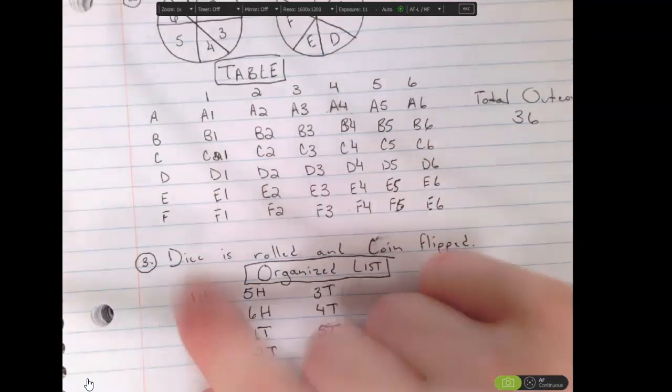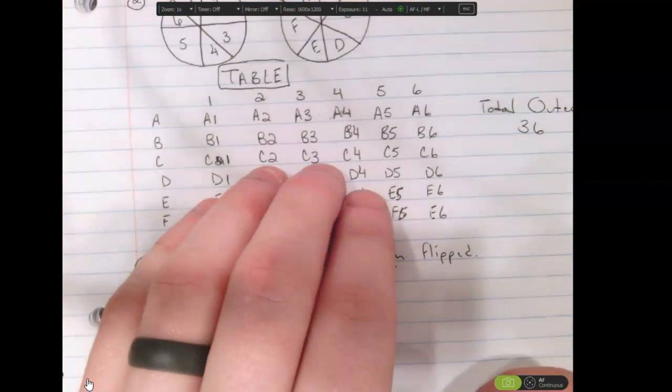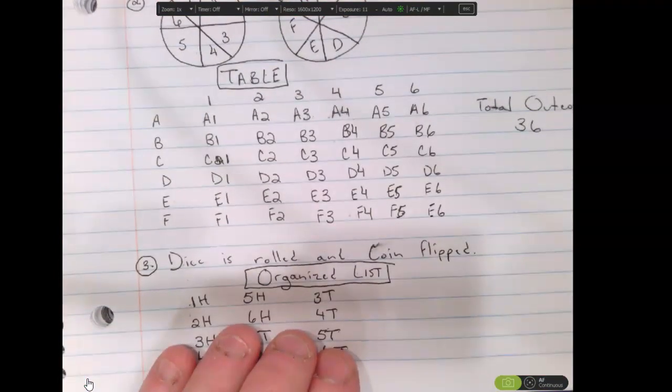With the list, I'm just going through here listing off all the different outcomes that I had. So 1H, 2H, 3H, 4H, 5H, 6H, and then the same thing with the T's as well. 1T, 2T, 3T, and so forth into 6T. So these are your 3 different examples. You had your tree diagram, your table, and you also had your list.